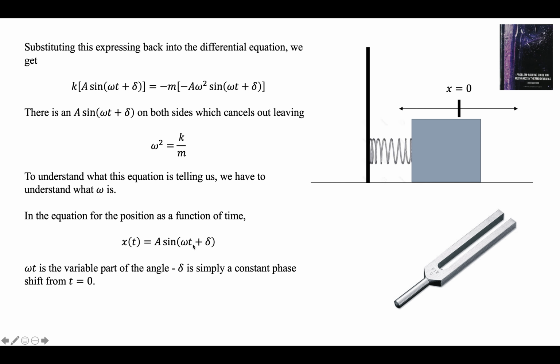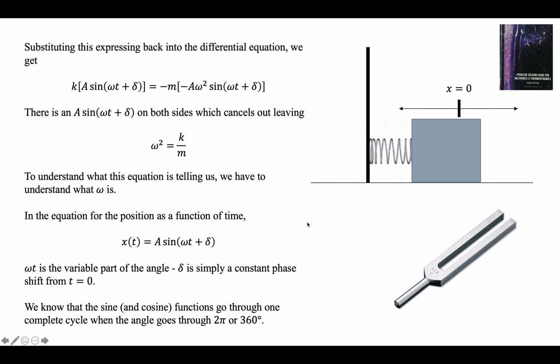The changing thing is omega t. That's the thing we should pay attention to. It's the variable part of the angle, omega t. So we know that sine and cosine go through one complete cycle when the angle goes through 2 pi, 360 degrees, one cycle. The sine and cosine functions repeat after 2 pi.